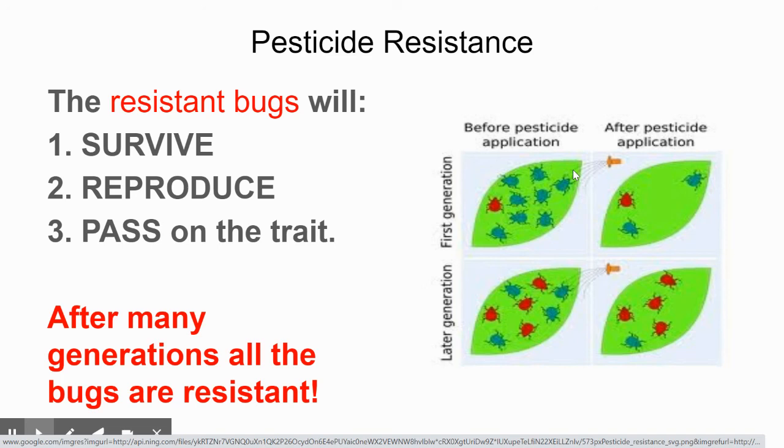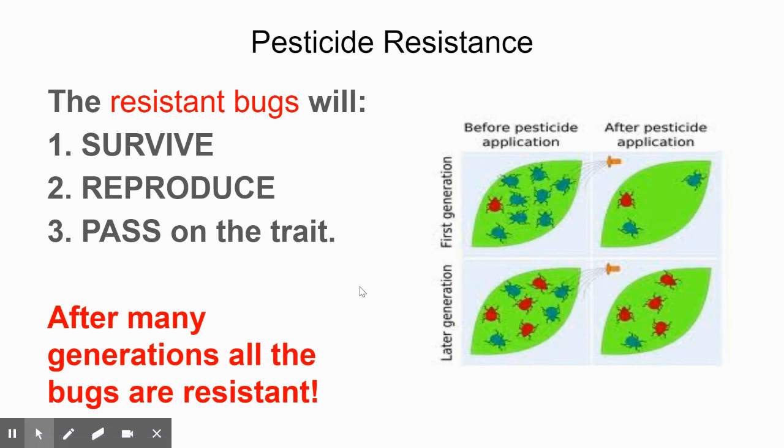So it's not like they're getting sprayed with pesticide and the pesticide is somehow changing the bug itself, or the antibiotic is changing the bacteria. That's not what's happening. The bacteria and the insect or the bug already have a DNA mutation that makes them resistant. So that's a misconception that students tend to fall into.